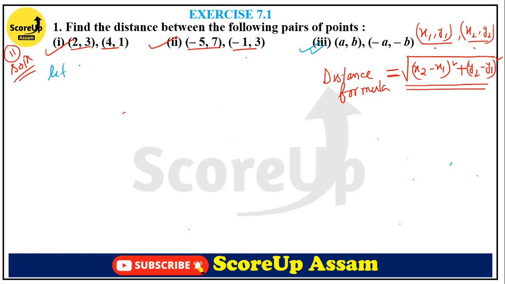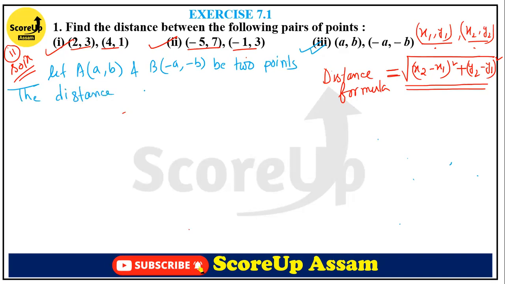Let (a, b) and (b minus a, minus b) be 2 points. The distance between these 2 points is given by this formula.